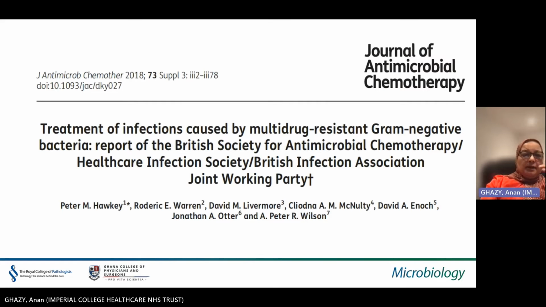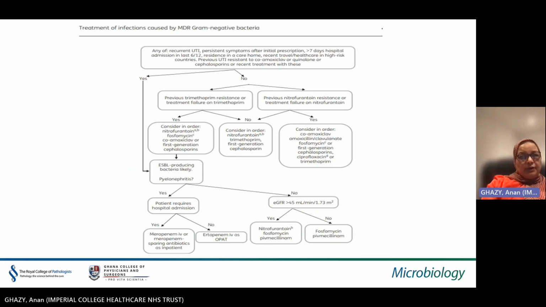Another guideline was published by the BSAC, which is the British Society for Antimicrobial Chemotherapy, and HIS, which is the Healthcare Infection Society, and the British Infection Association Working Group. These guidelines were published in 2018 and also give us a broad idea about how to treat patients with carbapenem-resistant organisms.